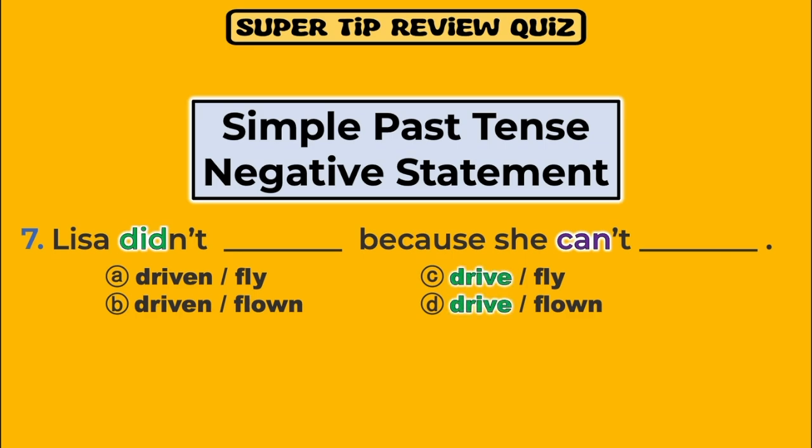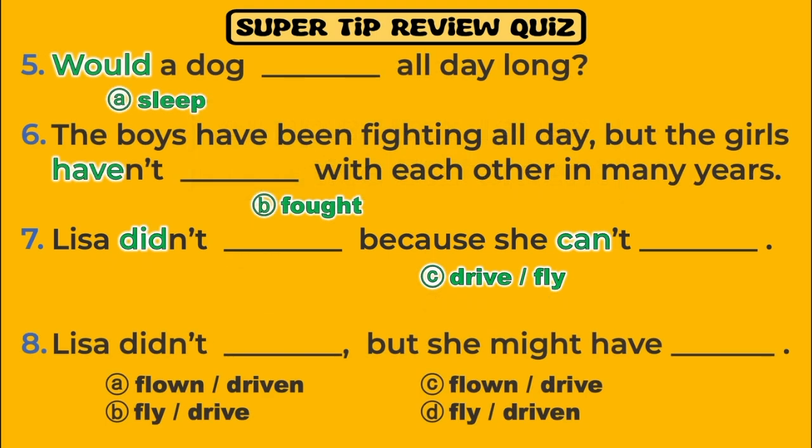Do plus verb 1. So I think it's going to be drive or drive, Charlie or Delta, C or D for the first answer. Can is a modal. Modal plus verb 1, fly. But we also have it in Charlie. Aha! Can you see the right answer now? Alpha, A is half right. Delta, D is half right. But Charlie is perfect. Letter C is the perfect answer for both.